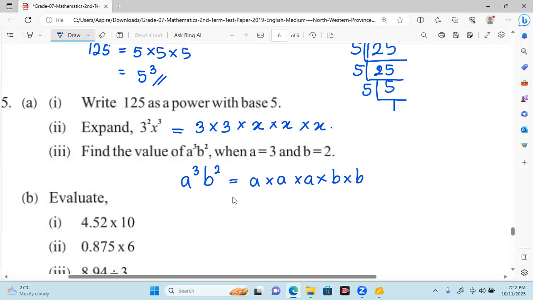Okay. a is 3, so 3, 3, 3, into b is 2, 2. 3 into 3 it's 9, 9 into 3 it's 27, 27 into 2 is 54. It is multiplied by 2 again. Therefore, it is 108.